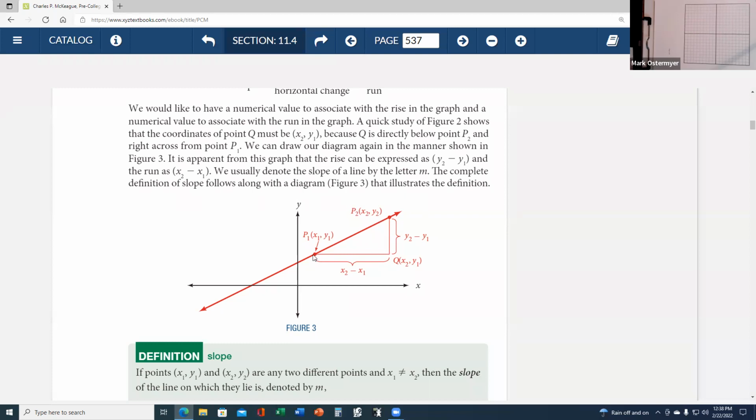The amount of run we experience as we walk from P1 to P2 would be the change in the x coordinates between these two points, represented as x2 minus x1. That's the amount of run.